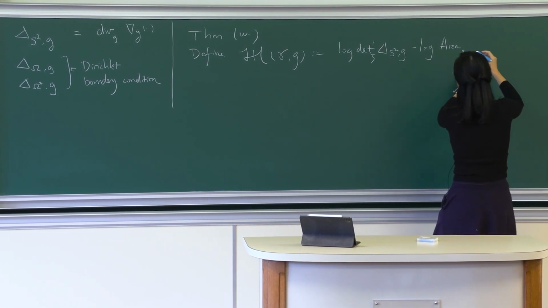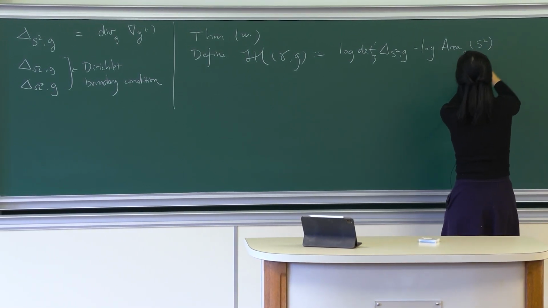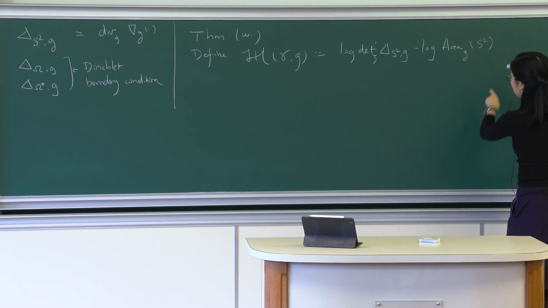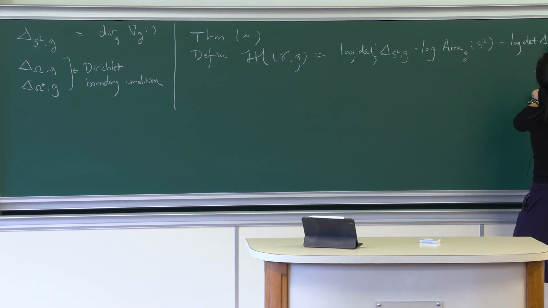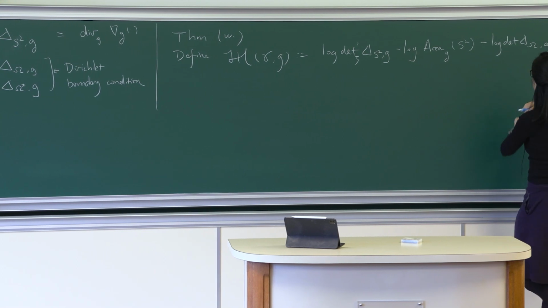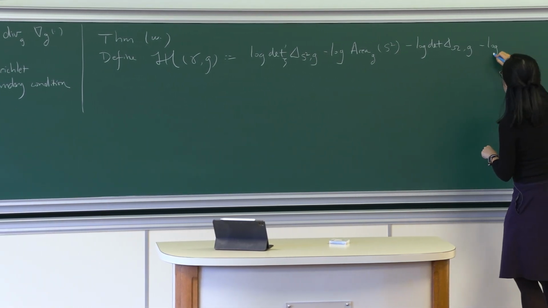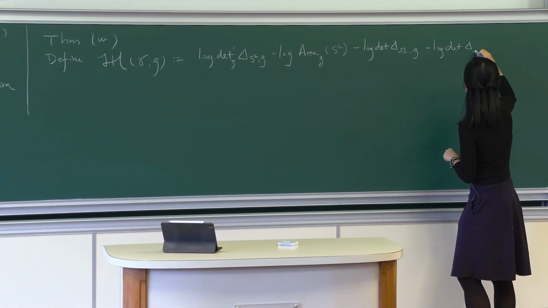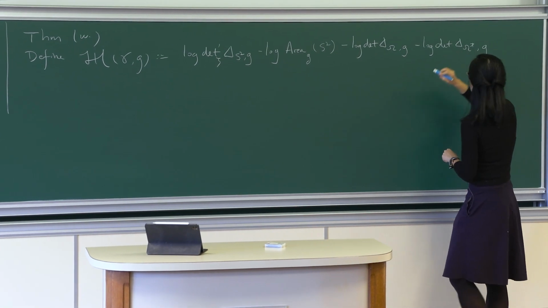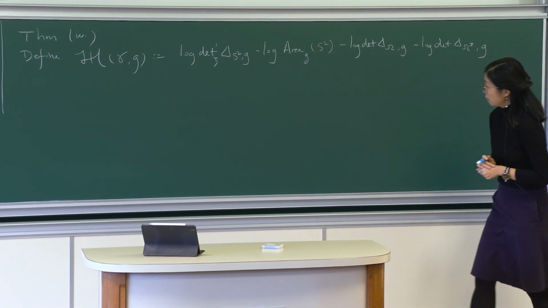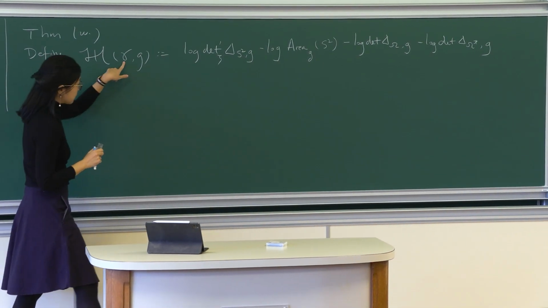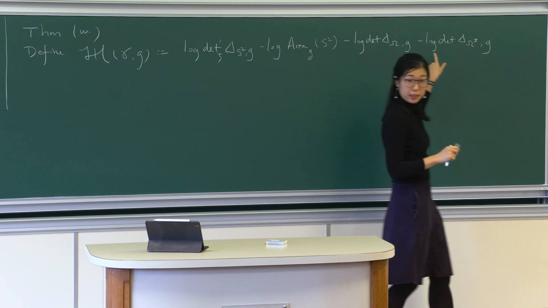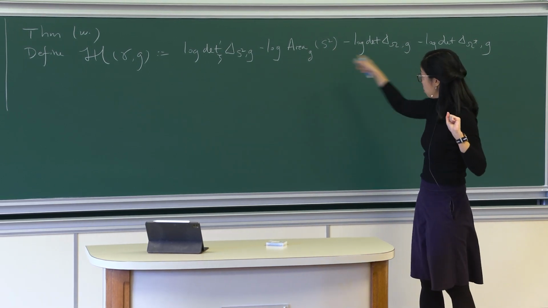So area depends on the metric of the sphere. This is the first term, minus log determinant of the Laplacian of omega, g, minus log determinant of omega star, g. It depends on gamma, because both domains omega and omega star depend on gamma, and on the metric. All the terms depend on the metric.